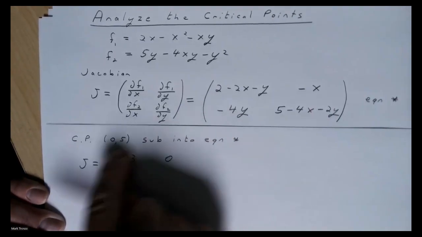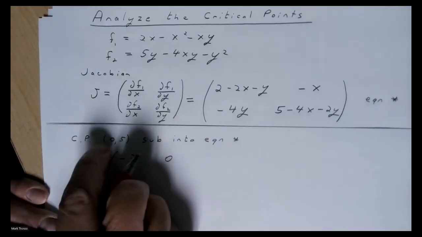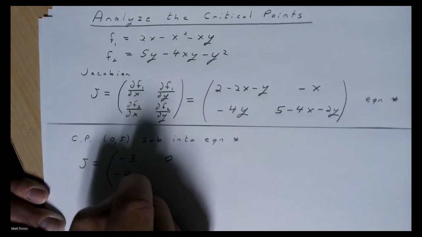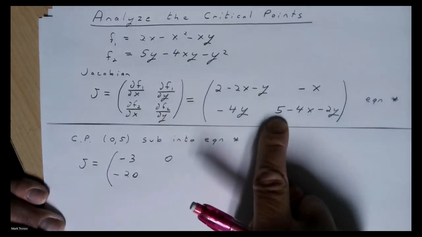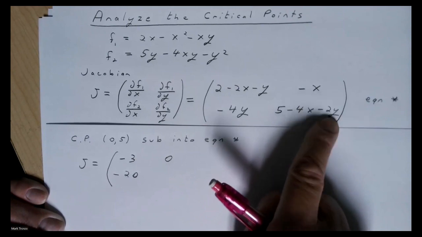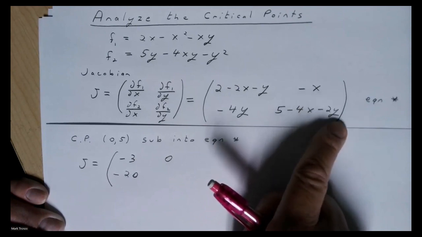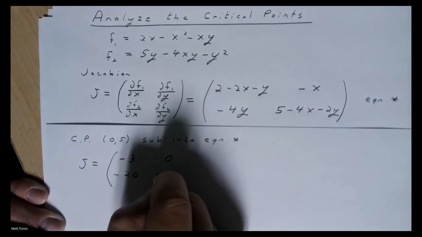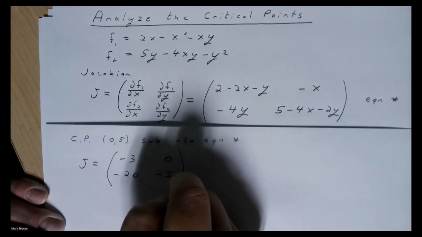Then over here, we have minus 4 times 5 is minus 20. And over here, we have 5 minus 0, and that looks like minus 2 times 5 is minus 10. So it looks like minus 5, like this.